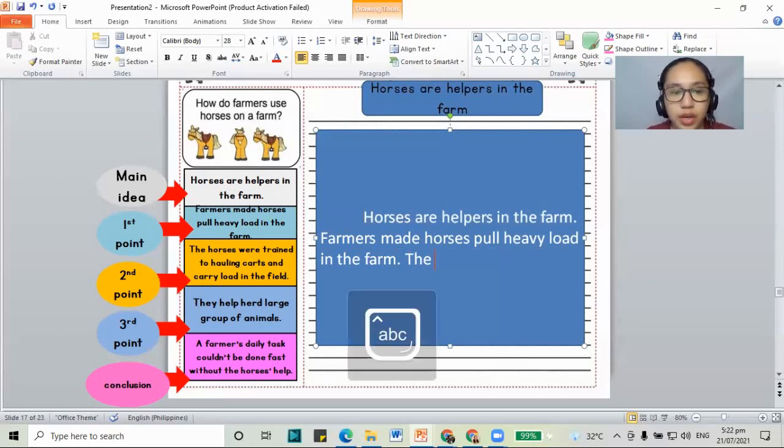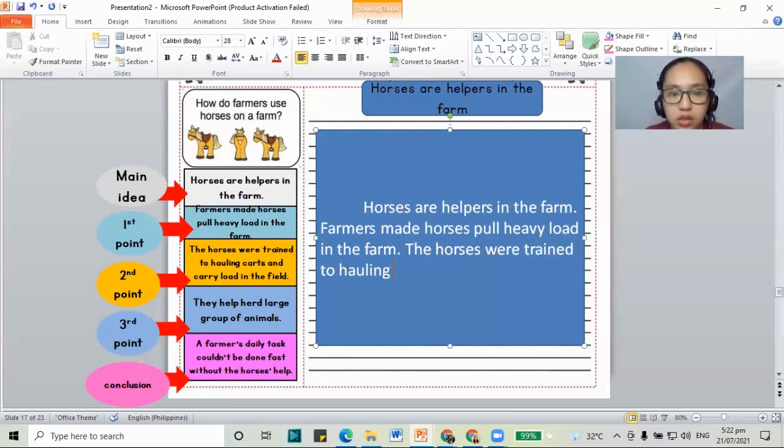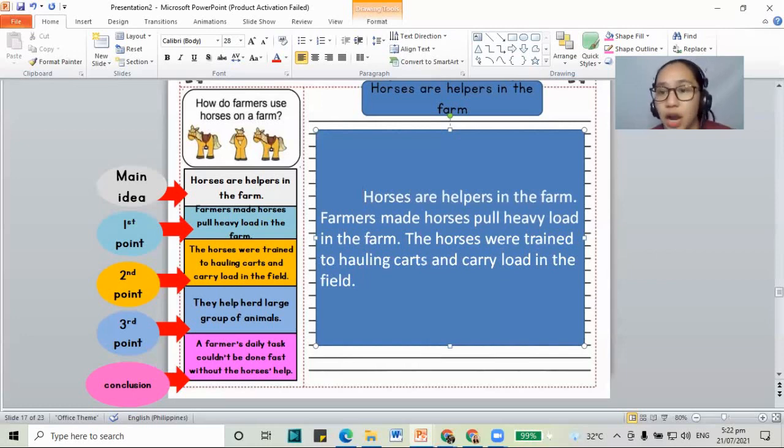The horses were trained to haul carts and carry loads in the field. So this is how you will write it. You make an indentation, where my arrow is pointing.